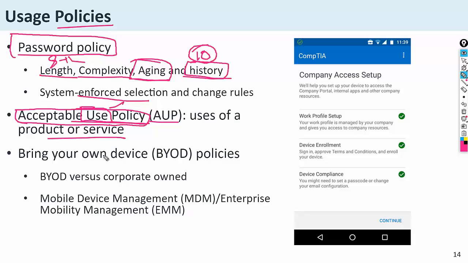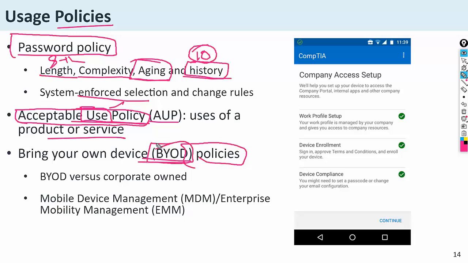And if BYOD is allowed inside the organization, it is necessary to have its own policy. So first is a check-out of the policy, and the new employee will read the BYOD policy and then can come with their own devices.